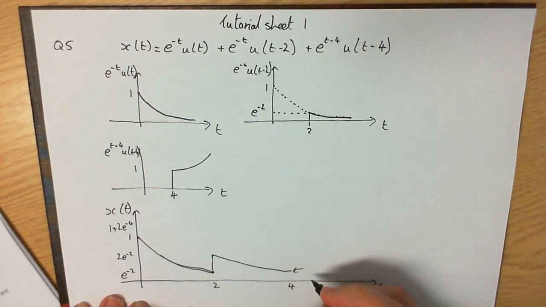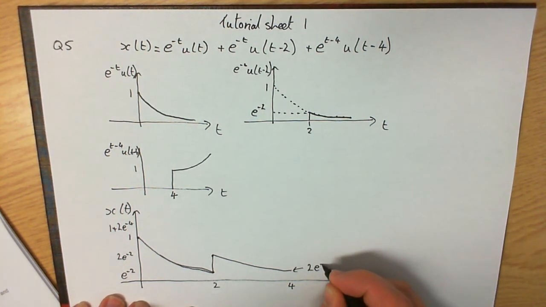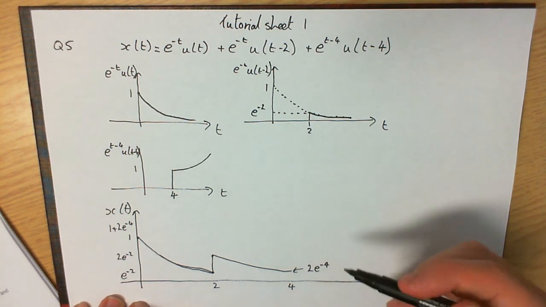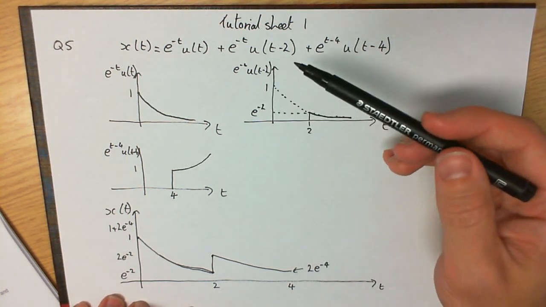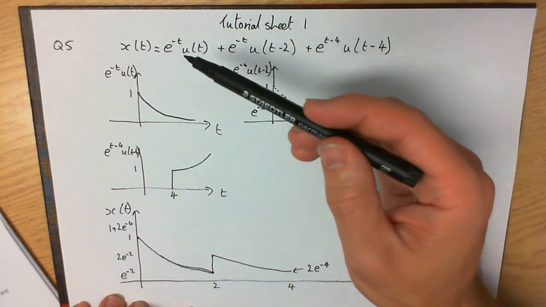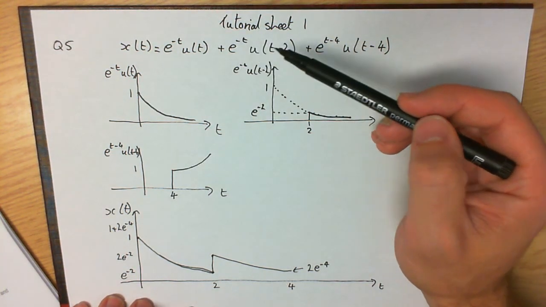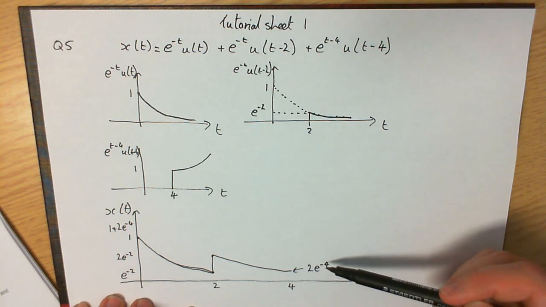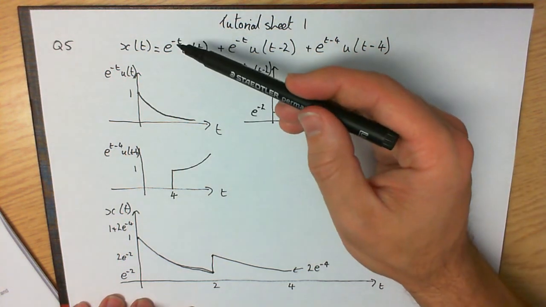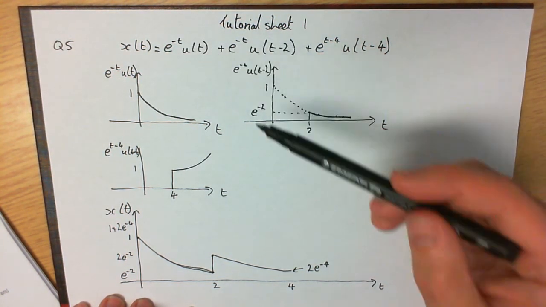That particular point is 2 e to the negative 4, because we can just put t equal to 4 into these two equations, and that tells us we get e to the negative 4 plus e to the negative 4, so 2 e to the negative 4.